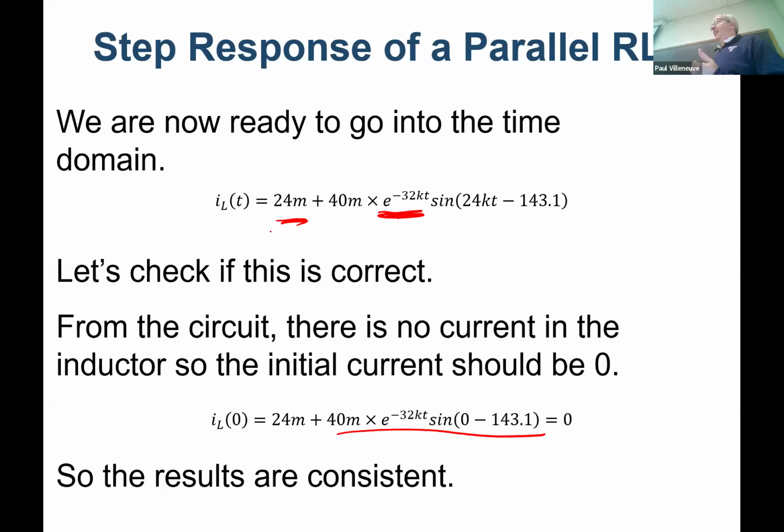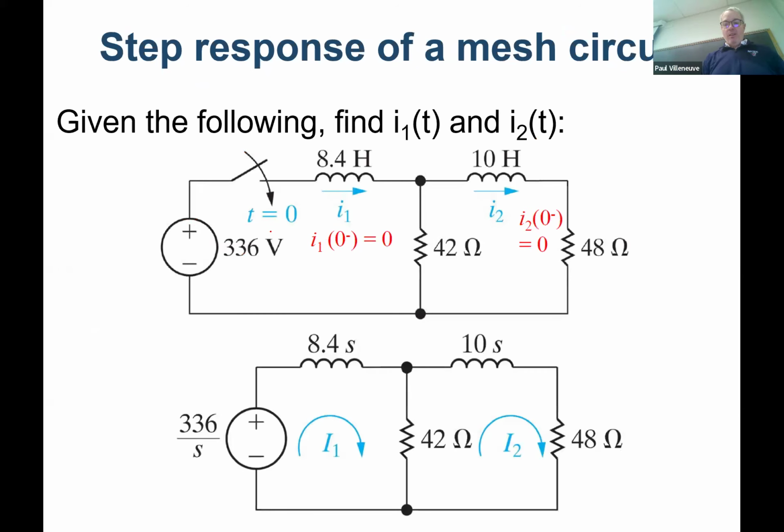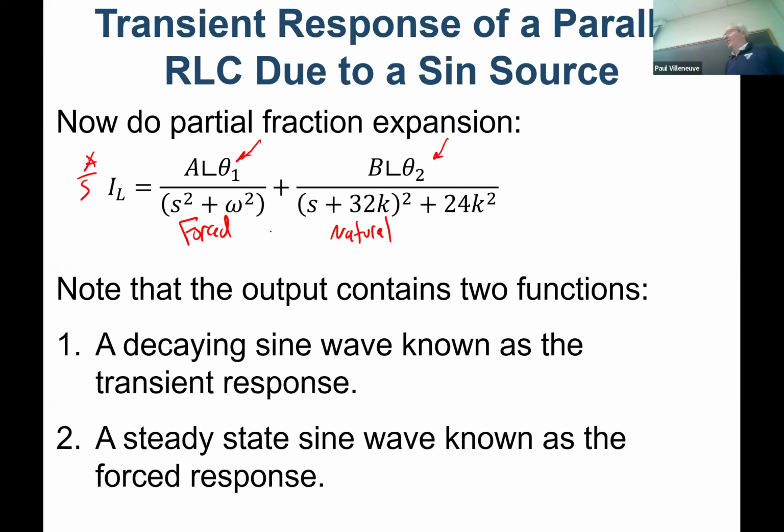That's transient decay. Where if you power it up with a DC, a sinusoid, or something, then you would have that value that would keep on. Okay? So that's what we're talking about for the decaying sine wave and the steady state sine wave that does not have a decaying exponential.